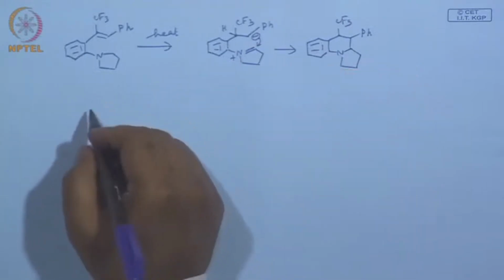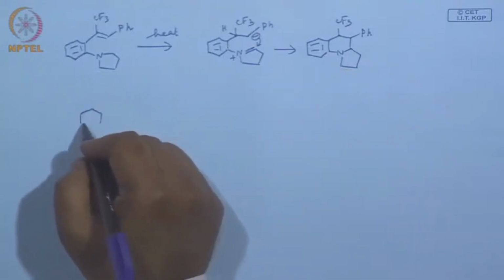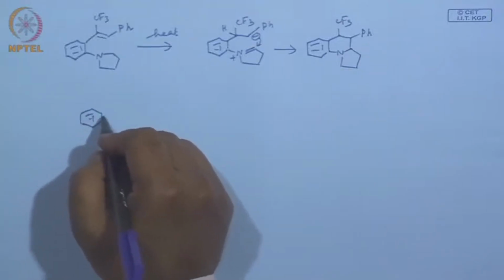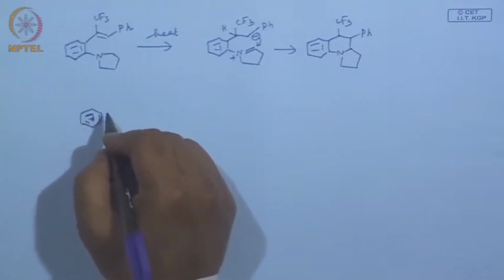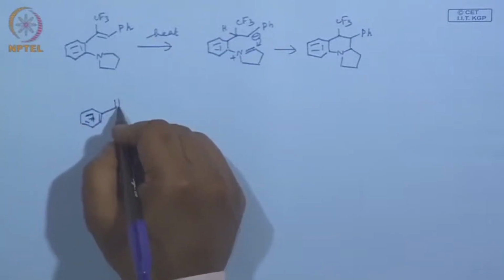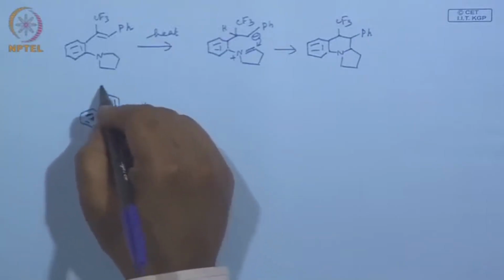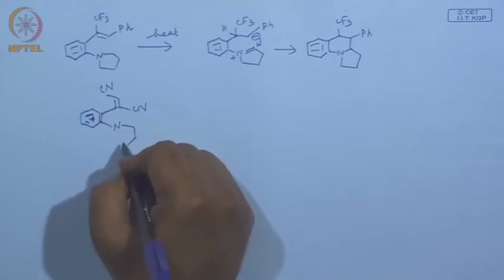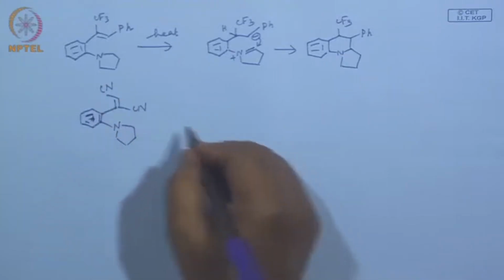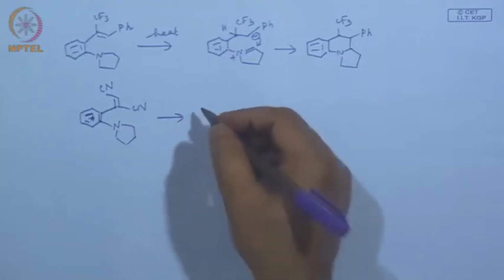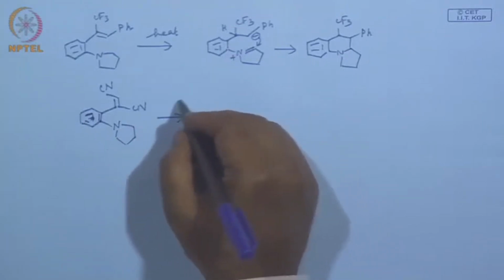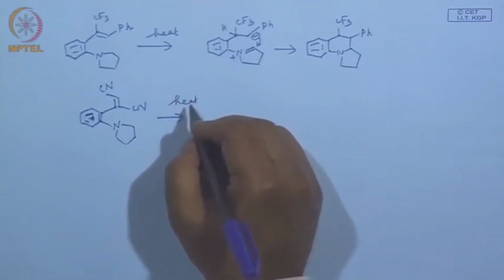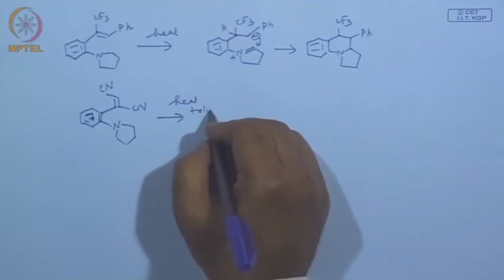Like say in the next example, we will see although you have a carbon double bond, there is a formation of the 5-member ring system. In all of the examples, what you see is a pyrrolidine, that is easy to form, again heat, and this is toluene.